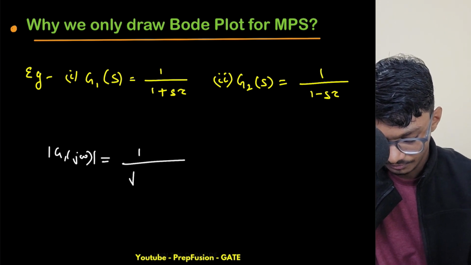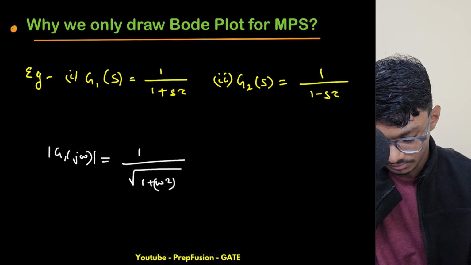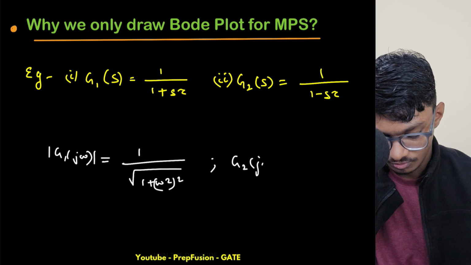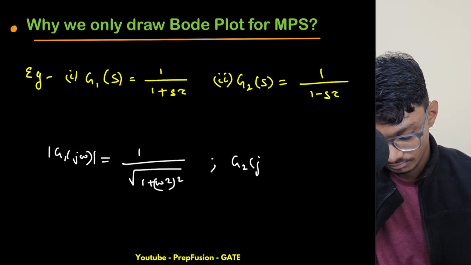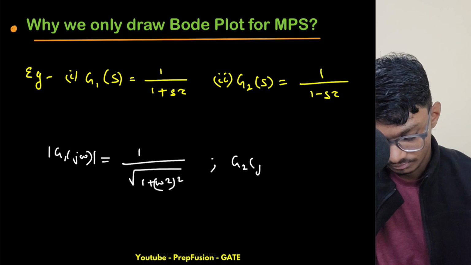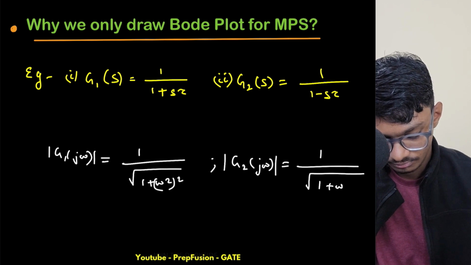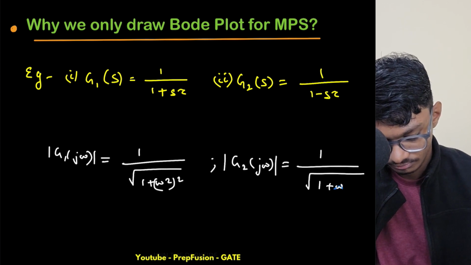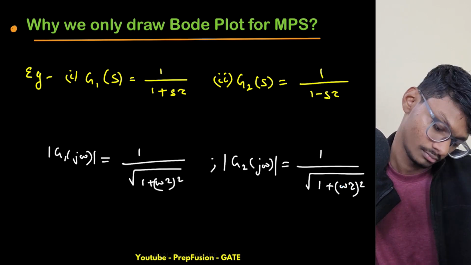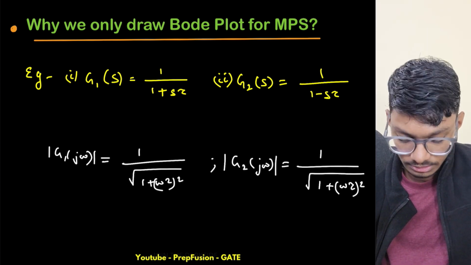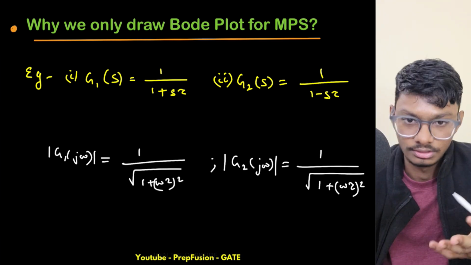I'll just write them directly here, won't waste any time. So this is under root 1 plus omega tau whole square, and here g2 of j omega is also under root 1 plus omega tau whole square. So magnitudes are same. And then what is the next thing? Let's do this in a Bode plot.